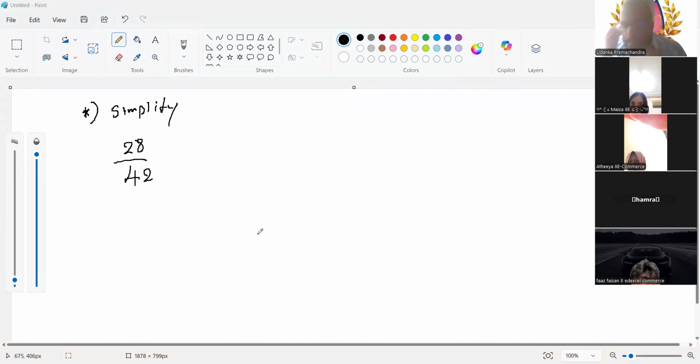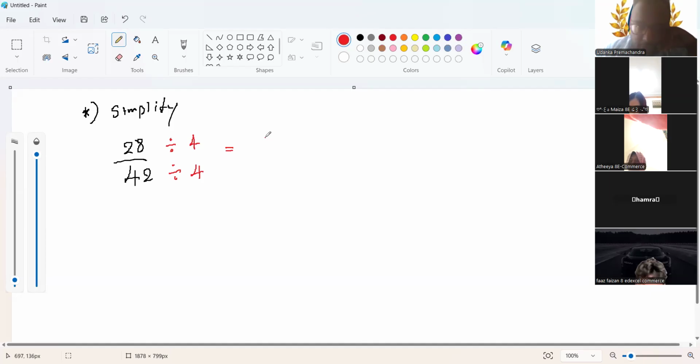Can you tell which value can divide both numerator and denominator? Yes? 4? One of you said 4. Otherwise, it would be better to divide by 7. If I divide by 4, what happens?